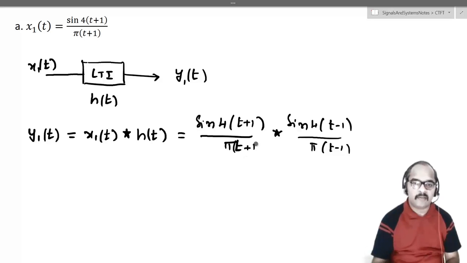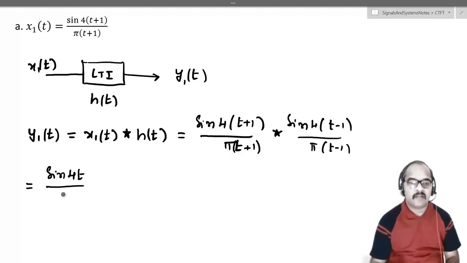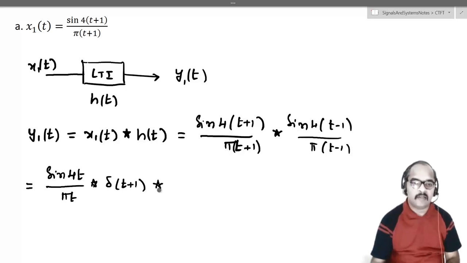Okay, so if you are aware of the second chapter, we can write this as sin 4t by pi t convolved with delta of t plus 1, and this is convolved with sin 4t by pi t convolved with delta of t minus 1.